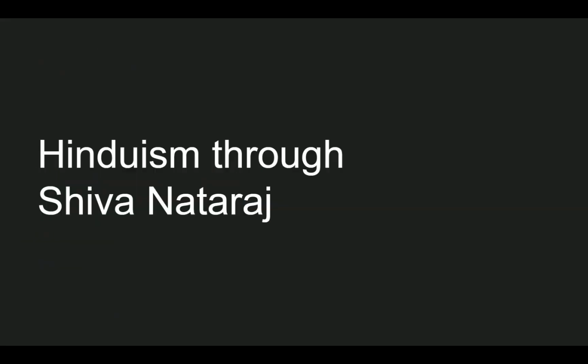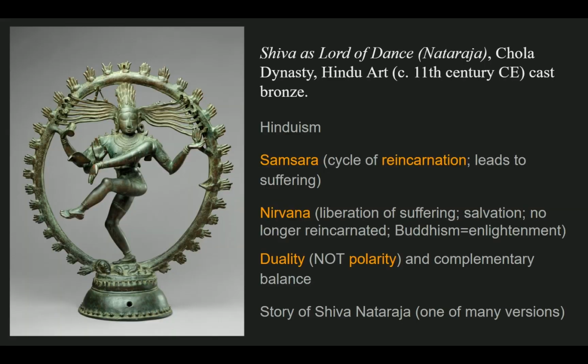Now, to expand on Hinduism, we're going to use Shiva Nataraj as an example to elaborate on some of these concepts. So in Hinduism, we have to understand life as cyclical, both in terms of rebirth, death, and rebirth again. You may have heard of the term reincarnation, where you are reborn in different lives.